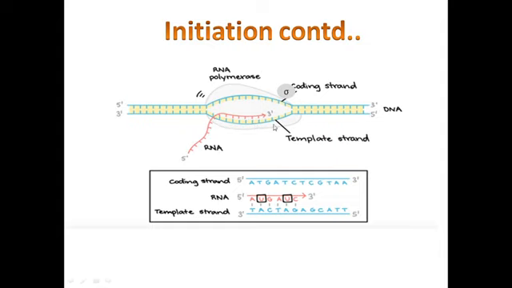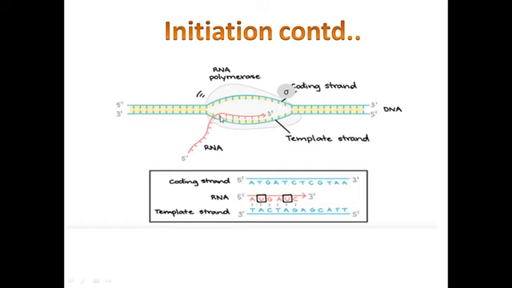The template strand is called the non-coding strand, and the RNA formed has the same sequence as the non-template strand, which has not participated in the synthesis of RNA, except that where there is thymine, there will be uracil. This we have talked about in the previous lecture. You can go there. And we have the transcription bubble.